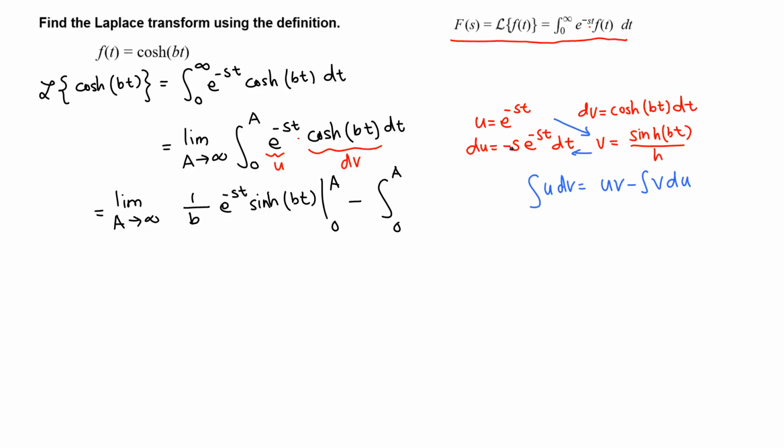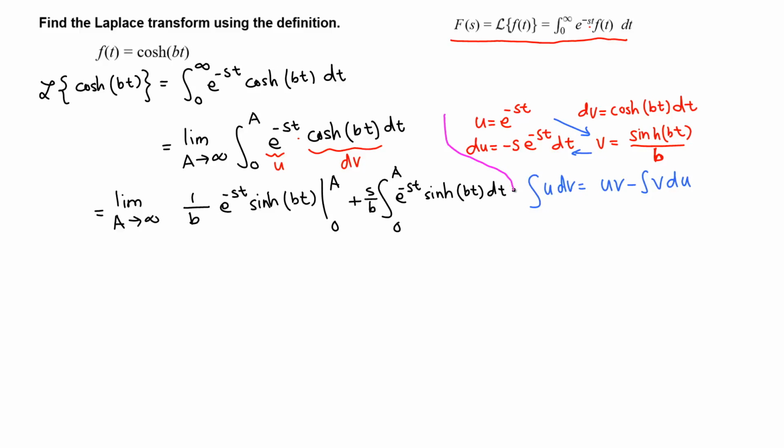So du has a negative, so it becomes plus v times du. When we multiply s and b, we can pull s over b outside, and that leaves the integral of e raised to negative st times sine hyperbolic bt dt.